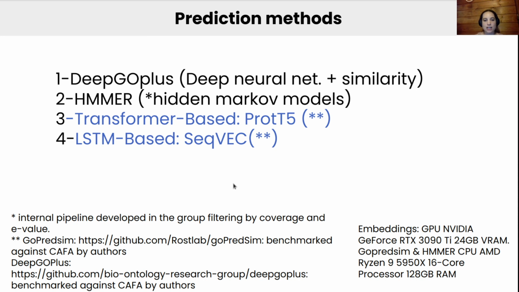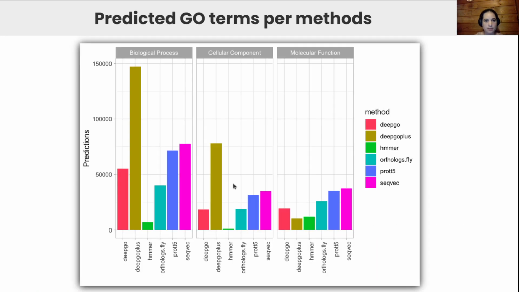As a novelty, we use Prot5 and SecVec, that are language models used in GoPretSyn, a method created by Burkhard Rost that basically measures distances between vectors, in which vectors are protein sequence embeddings. And here I attach the GitHub link if you are more interested and want to find out more about it.